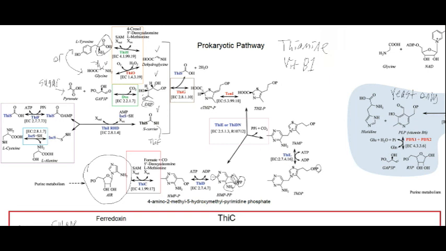So not we, because this is a prokaryotic pathway, but the bacteria that use this pathway wouldn't want to keep doing this reaction here at the expense of purine metabolism. And so they would want to inhibit this step right here.